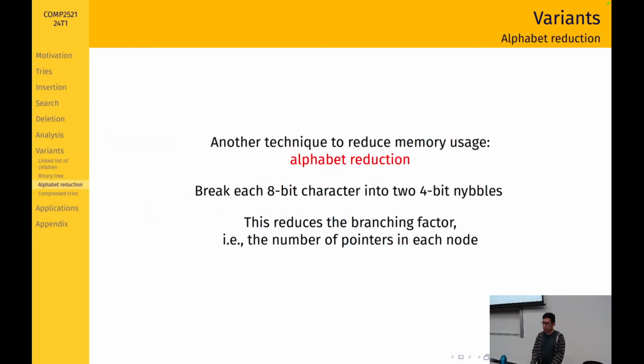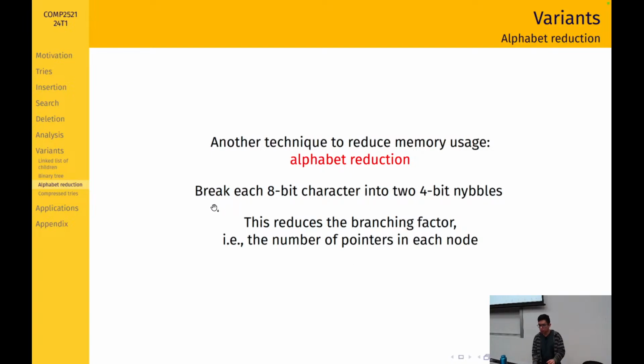Okay, so here's another variant of trie, or another way to reduce memory usage, which is called alphabet reduction. What we do here is we take our characters, assuming that the characters are 8 bits, and break them into two 4-bit pieces, which are called nibbles. And nibbles is actually a real term, you can look it up.